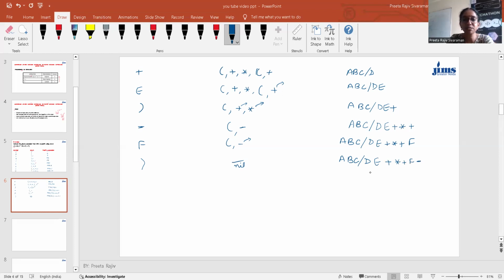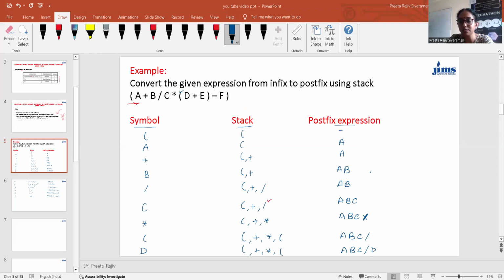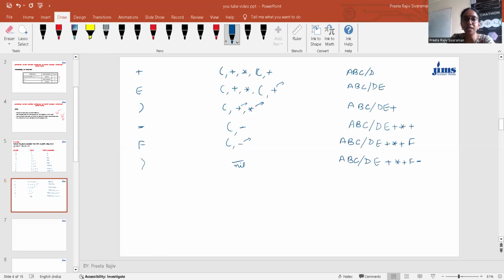So we have scanned all of the symbols in the expression and finally we get the answer, which is the postfix expression. Therefore, the postfix expression we have derived using the stack for the given infix expression is ABC slash DE plus multiply plus F minus.